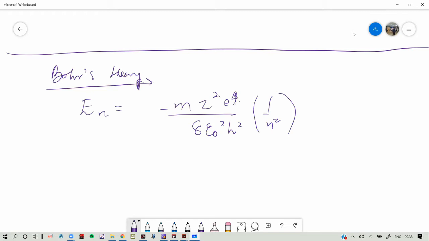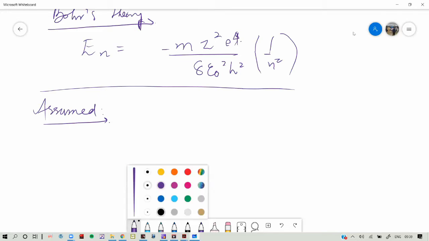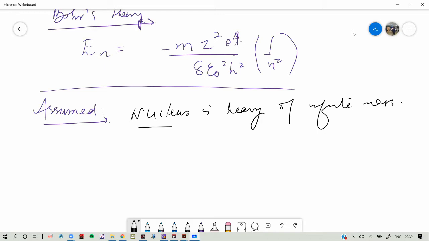We saw the hydrogen spectrum and its origin. In deriving the expression from Bohr's theory, we assumed that the nucleus is heavy, of infinite mass, but in practice it is not so.